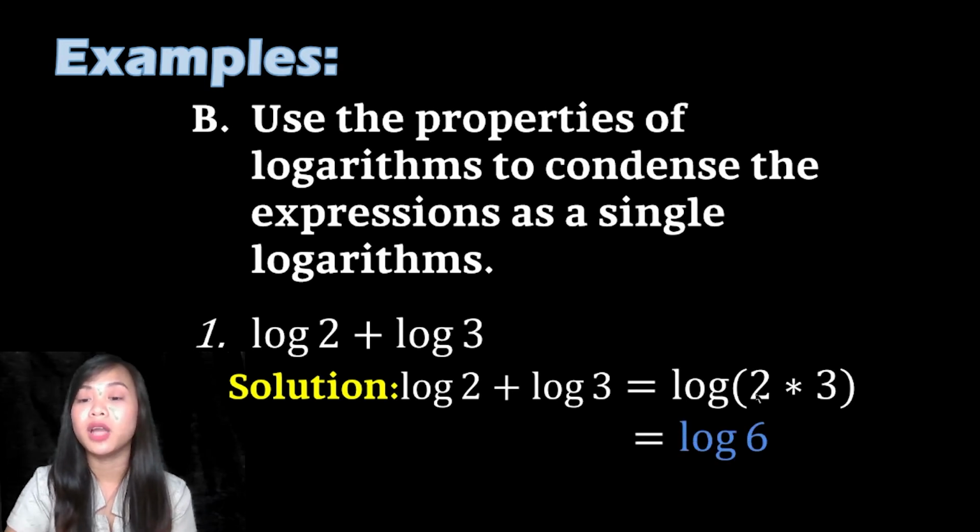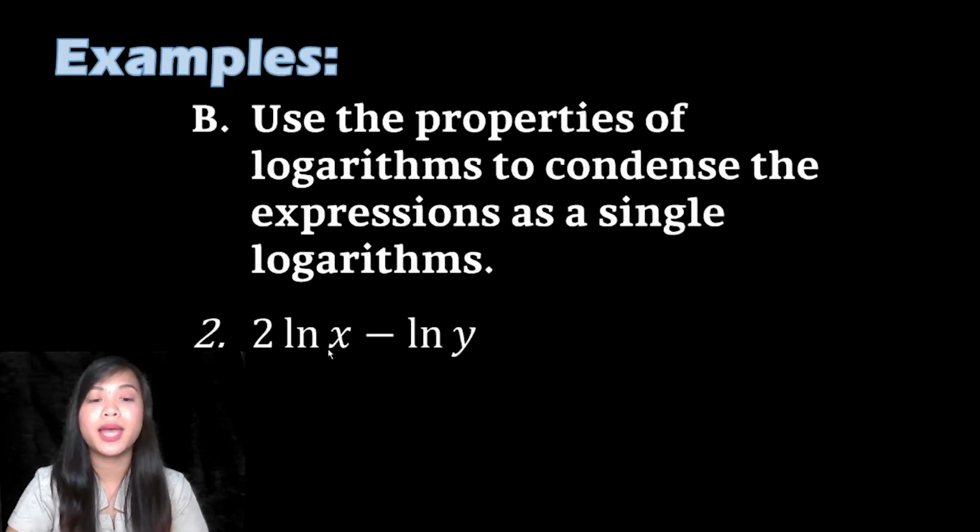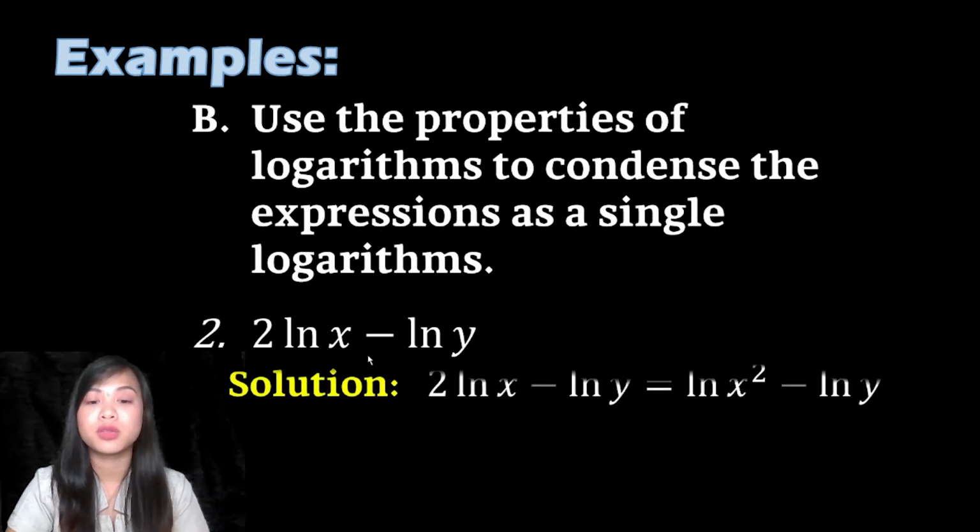Then log 2 times 3, that 2 times 3 is equal to 6. So we have log 6. Next, let's have 2 ln x minus ln y. We have here a minus, so we can apply the quotient rule.